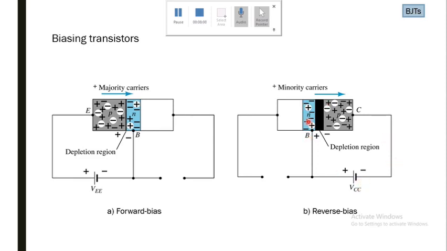This makes the base-collector junction reverse biased, and the width of the depletion region is widened, as shown here.